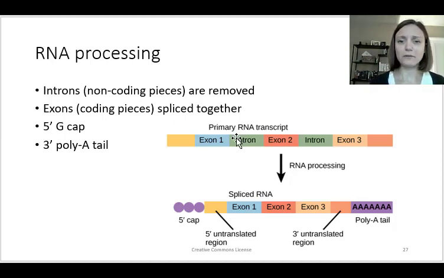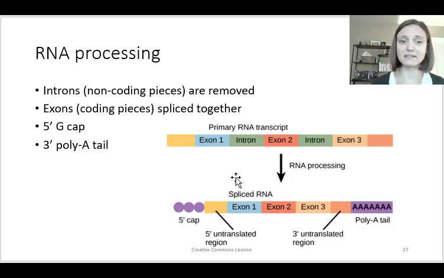So if we had one intron right here and one intron right here, the spliceosome would cut those out and then connect together these exons, exon 1, 2, 3. Only this region of the RNA transcript is going to be used to build that protein. We're going to do some extra processing besides that as well.